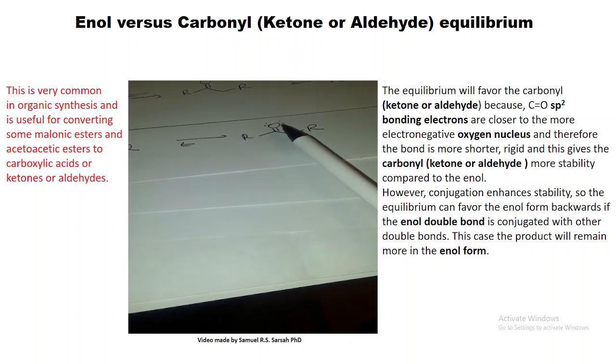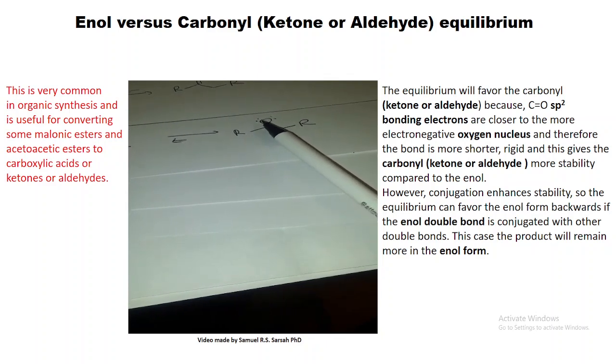Therefore, the bond between an oxygen and a carbon is much shorter since oxygen is more electronegative, so the bonding electrons are shifted more towards oxygen.